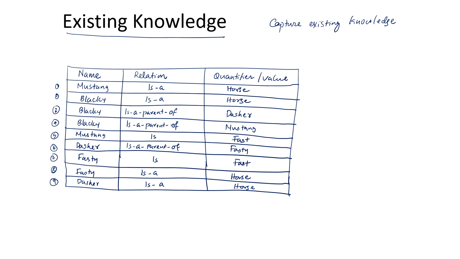With that, now let's see what the rule is. You remember there is knowledge and then there is a rule. The rule is: if, remember we talked about if-else, if-then. The first part is X is a horse.